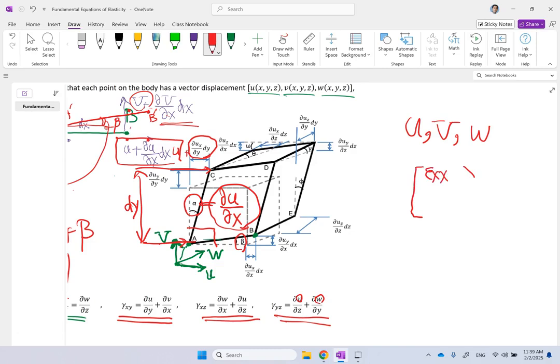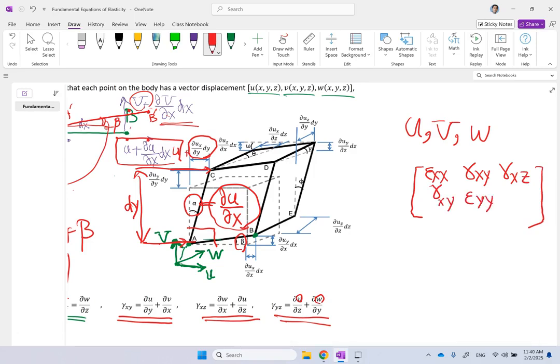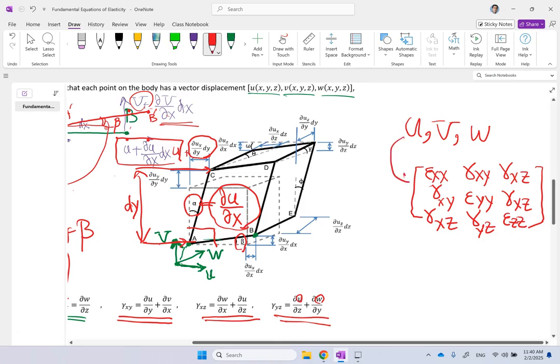So I use these 6 equations that I showed you. From these strains, I can go to the stress tensor.